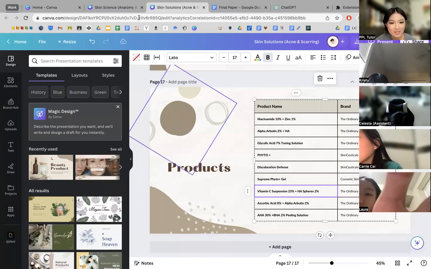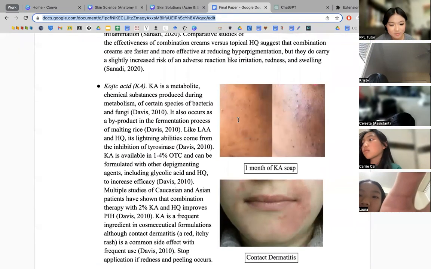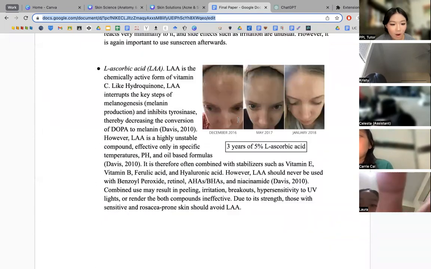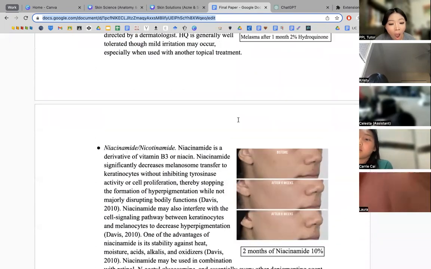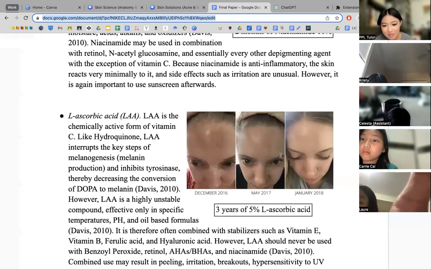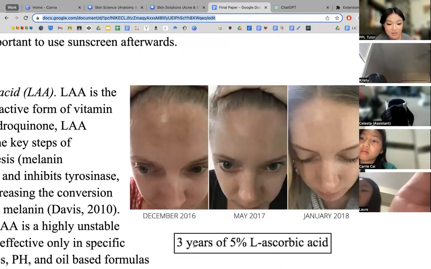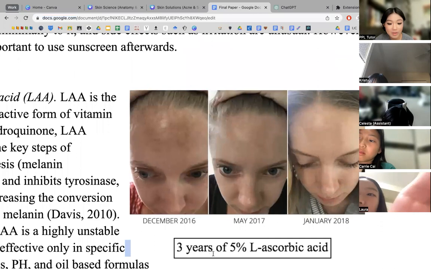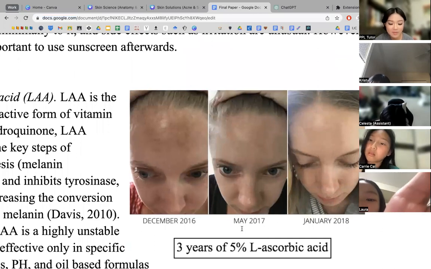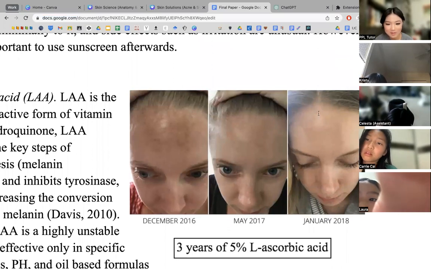And let's see, I have a before and after picture. Well, there we go. So this one takes a bit longer to work, but after 3 years or 2 years of vitamin C, you can see, yes, the difference is very obvious.